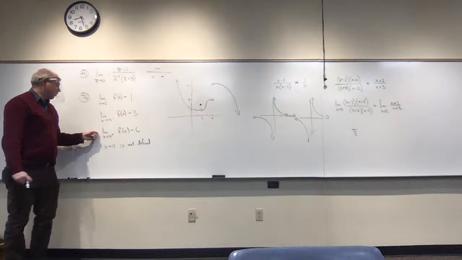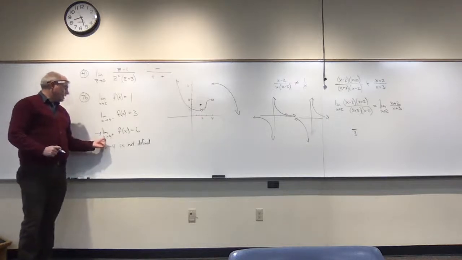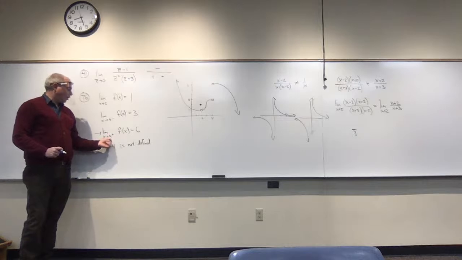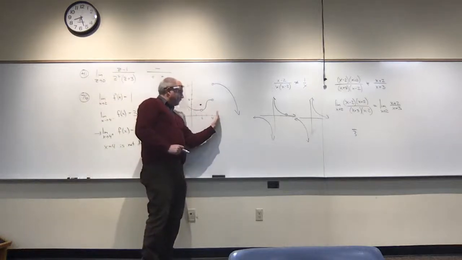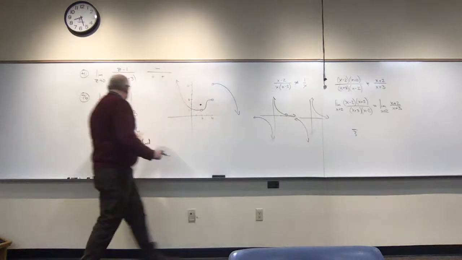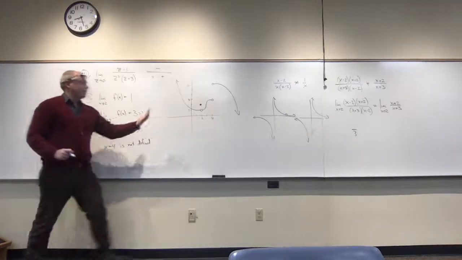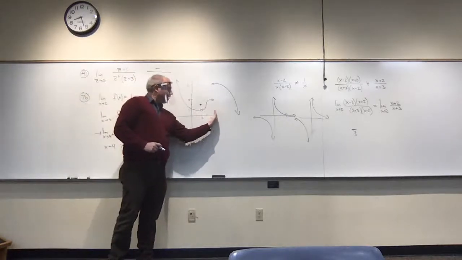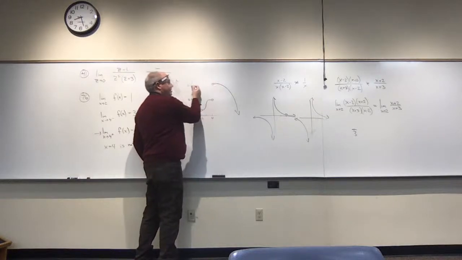Okay. So this is the one you talked about, right? Yeah, this one says, as I get close to 4 from the positive side, it looks like this function's going to hit 6.